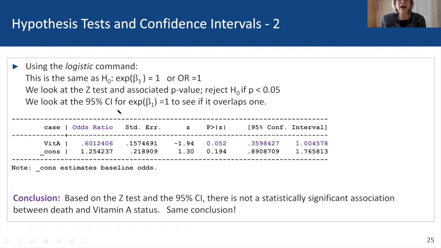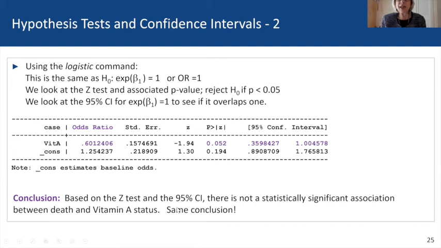We look at the 95% confidence interval for the exponentiated beta 1 or odds ratio to see if it overlaps 1, indicating no association. In fact, the p-value is identical to what we got with the Logit command. It should be, it's 0.052, but the confidence interval is now for the odds ratio, the exponentiated coefficient, and we see that that does overlap 1.